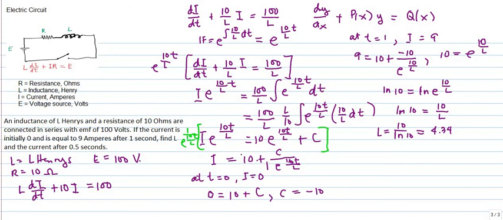I is equal to 10 plus, we will substitute all the values of our time and L. We have the value of L, so I will write I. We're going to find the value of I from this equation. I will erase this part.